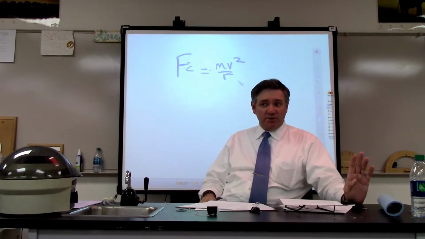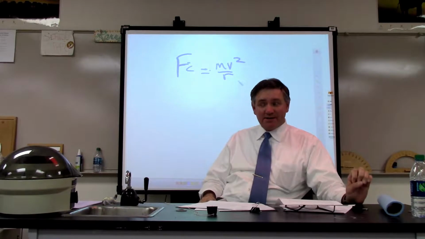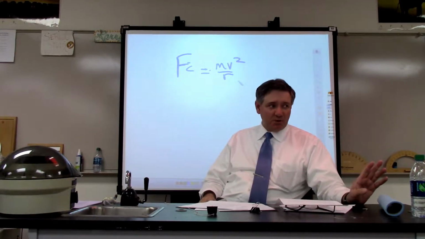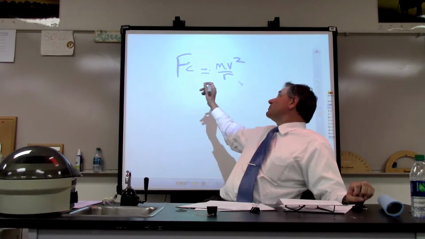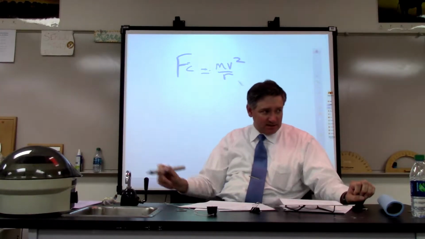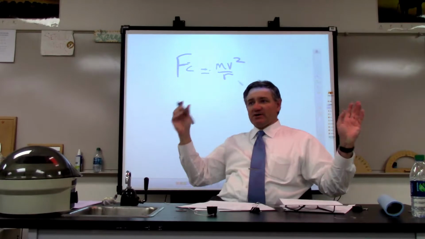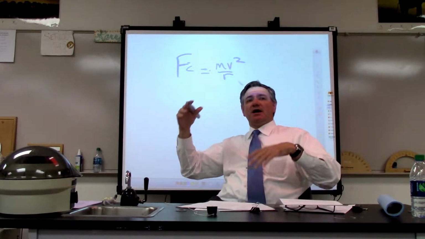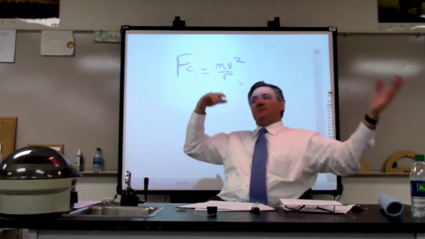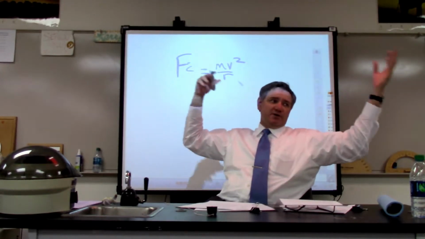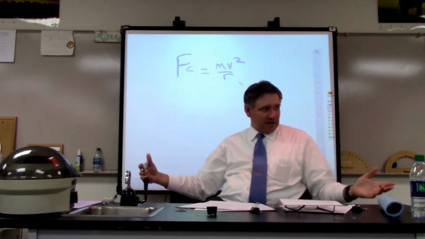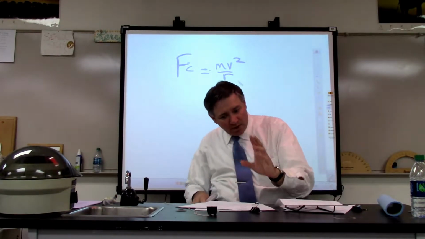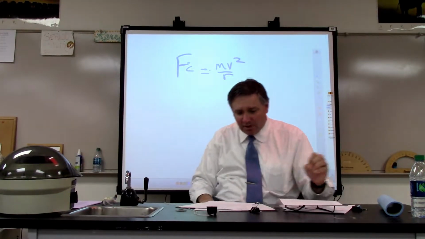So when you answer questions 4, 8, and 12, they're multiples of 4, mention all 4 variables: centripetal, mass, velocity, and radius. You're going to say, well, because this and this are constant, then as this goes up, this has to go up. Or if these 2 are constant, as this goes up, this one has to go down. Something like that. That's what I'm looking for on questions 4, 8, and 12.